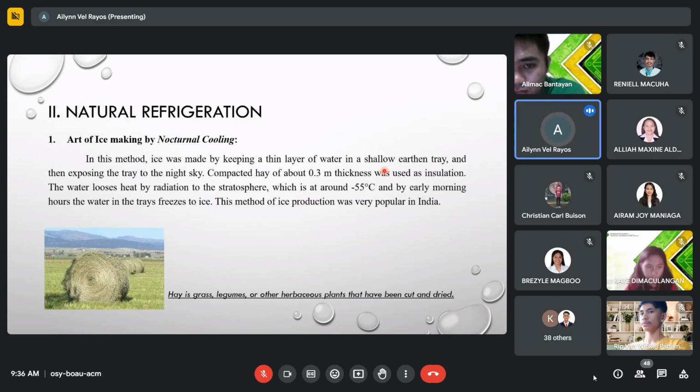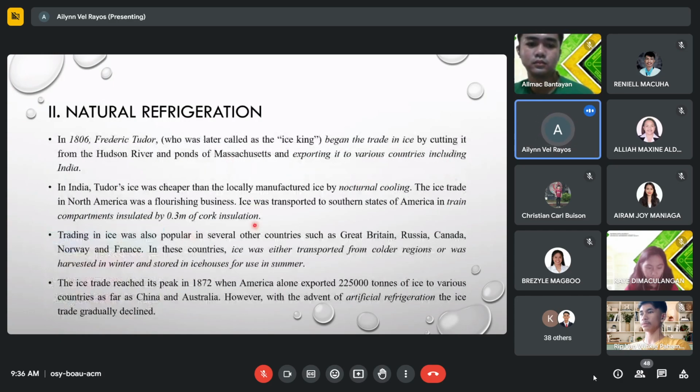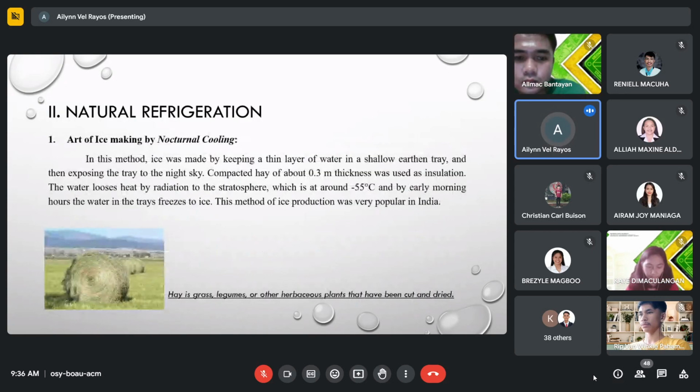Okay. So this means that even without refrigerators, back in the 1800s, or perhaps the 1700s or earlier, they could create ice using nocturnal cooling. Refrigeration or artificial refrigeration had not yet been developed, but they used this type of system or cooling in order to provide ice.